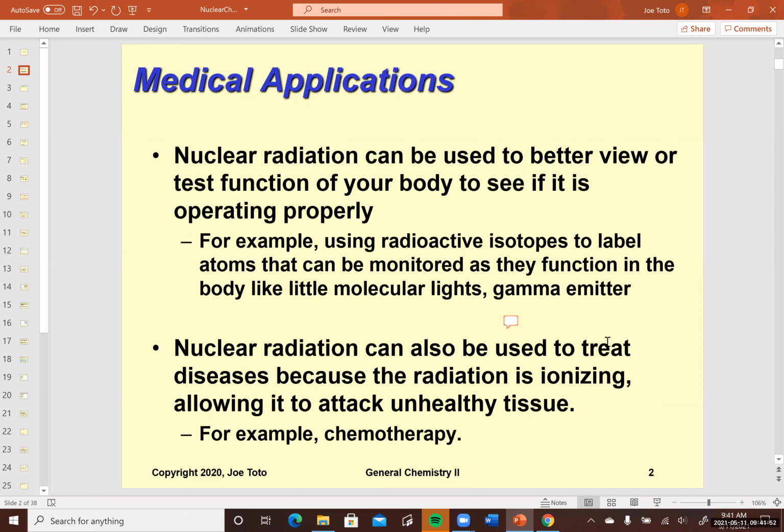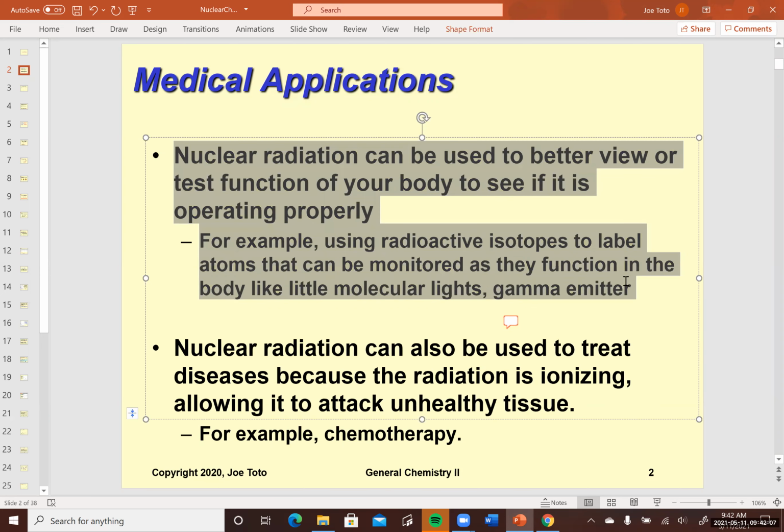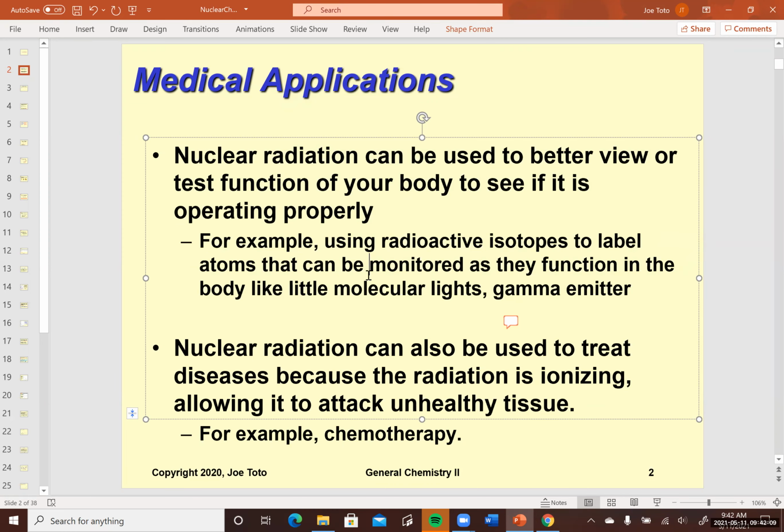As far as the medical applications go for nuclear chemistry, we have two different areas. One is in detection of disease, and that's what is addressed here in this first little bit of information. Nuclear decay gives off particles, as we'll see, and one of the particles that it gives off is light.